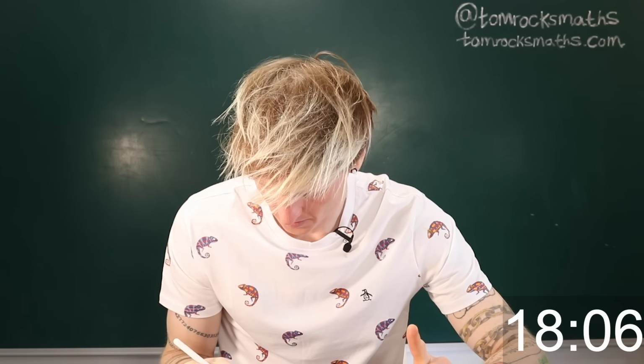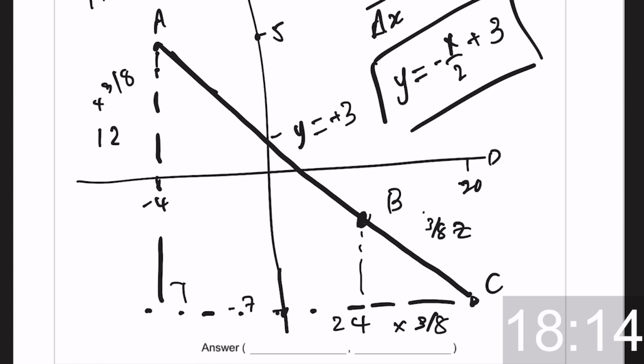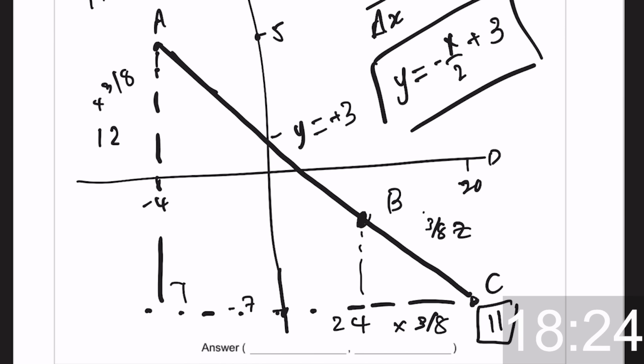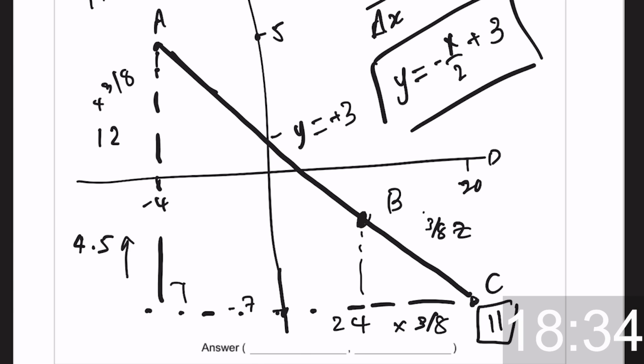So from the point C, instead of going 24 along, 1/8 would be 3, so we need to go 9 along, so it's going to be at 11. And then going up, we have gone 12, so that's 1.5, so that's 4.5. Up from minus 7 with 4.5, so that's minus 2.5. Okay, so I think it's 11, minus 5 over 2.